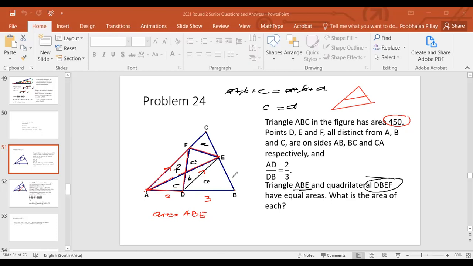Now the area ABE, okay, I know BE over EC, right? BE over EC is 3 over 2. That's BE over EC.